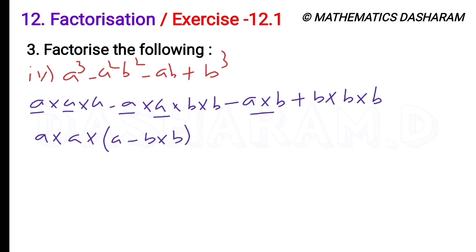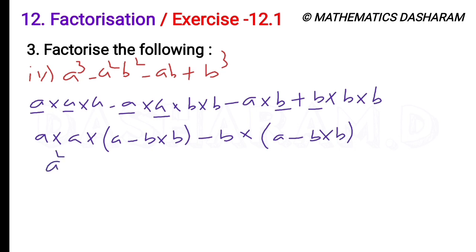Next from these two, let's take the b common, but along with the b take minus symbol also common. So minus b into, so here the remaining term is a, and here when you take the minus common, the symbol will be changed, plus will become minus, and here the remaining terms are b into b.